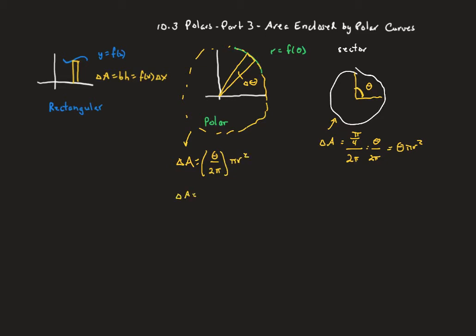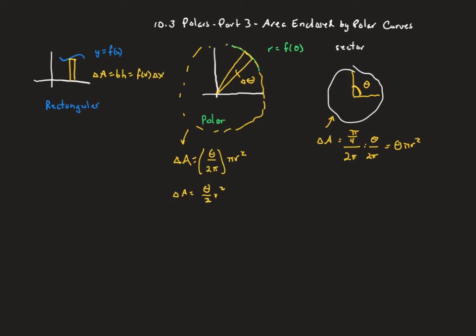Simplifying that a little bit, the pi's will cancel, and we're going to get theta over 2 times r squared. In our case, that theta is going to be that little delta theta.